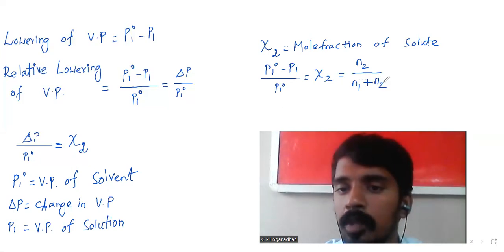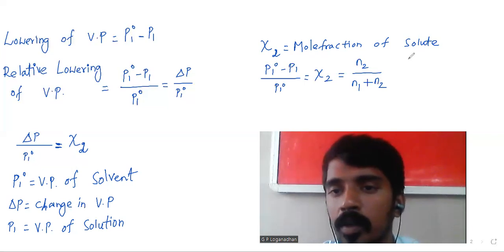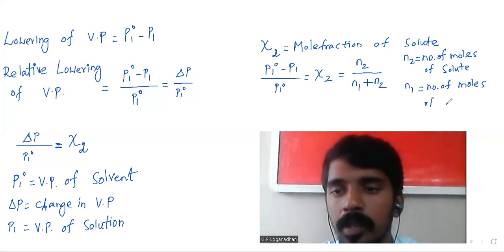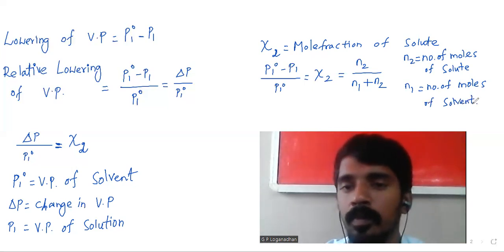That is N2 divided by N1 plus N2, where N2 equals the number of moles of solute and N1 equals the number of moles of solvent. So this is the formula.